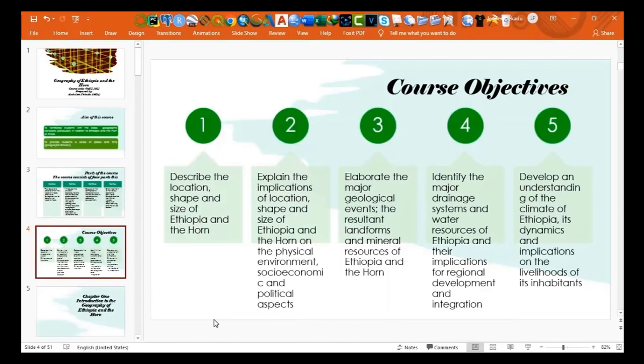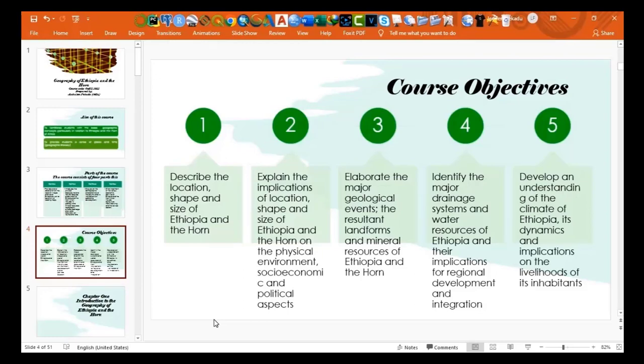Now let's see the objectives of this course. The objective of the course is to describe the location, shape and size of Ethiopia and the Horn, explain the implications of location, shape and size of Ethiopia and the Horn on the physical environment, on the socio-economic aspects, and on the political aspects.